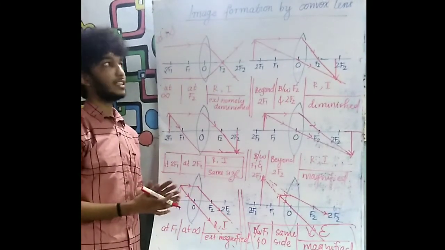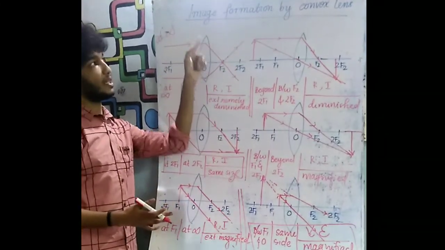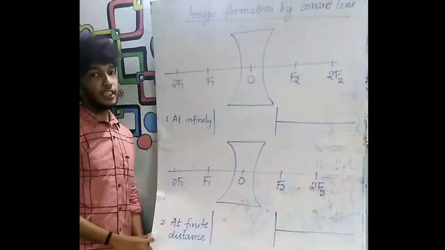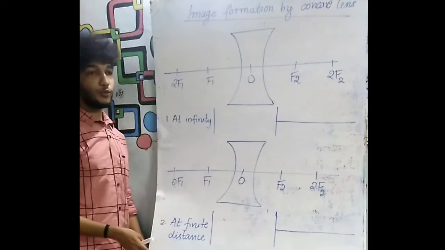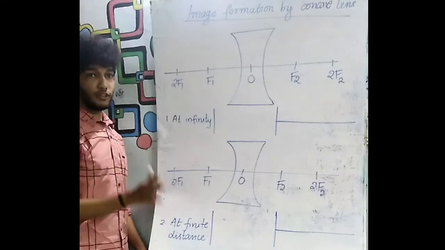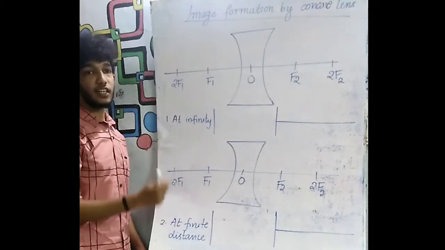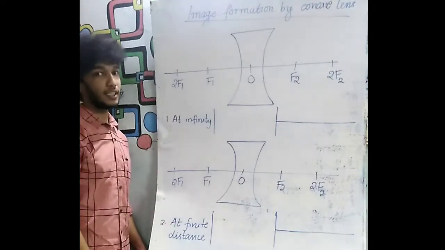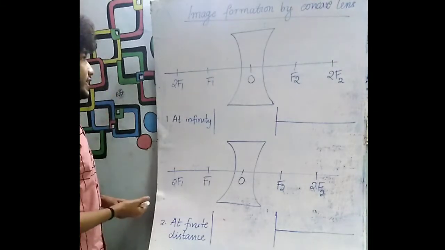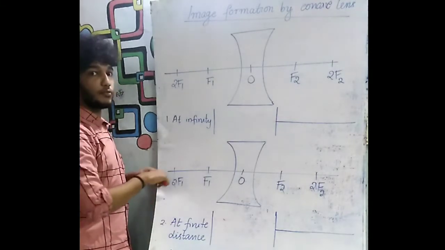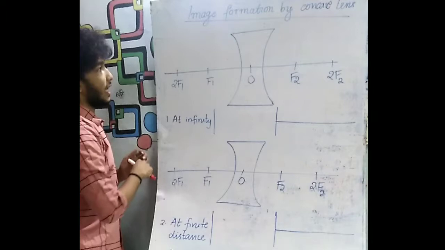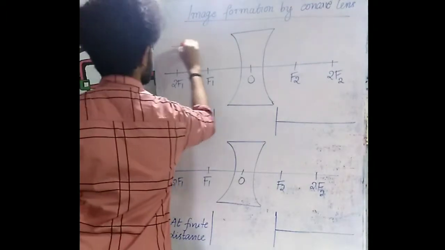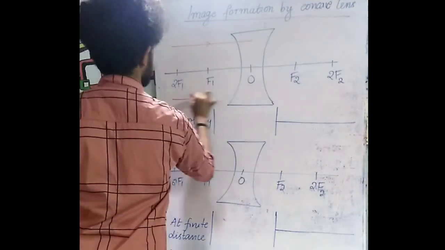Now let us discuss same image formation by concave lens. Here 2 concave lenses are on the board. So 2 positions of the object will be taken into consideration for locating the image formation. In the first case, let us place the object at infinity and let us bring 2 rays from infinity which are parallel to the principal axis.